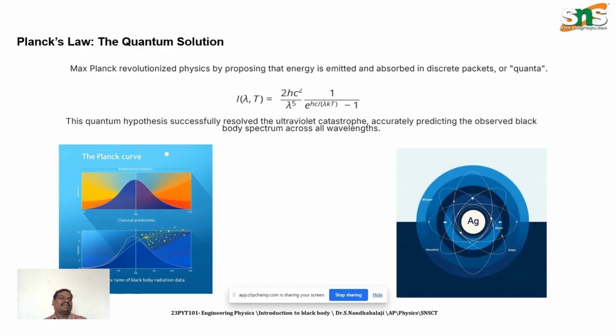Planck's law, the quantum solution. Max Planck revolutionized physics by proposing that energy is emitted and absorbed in discrete packets or quanta.